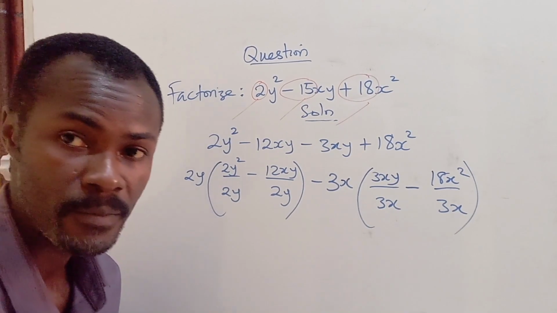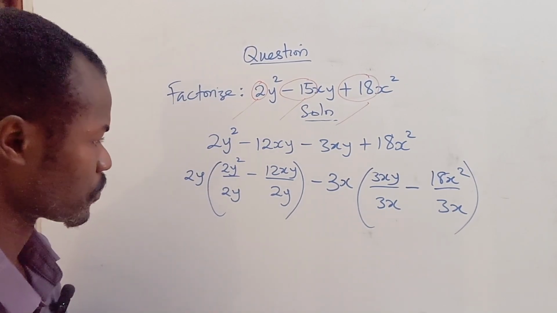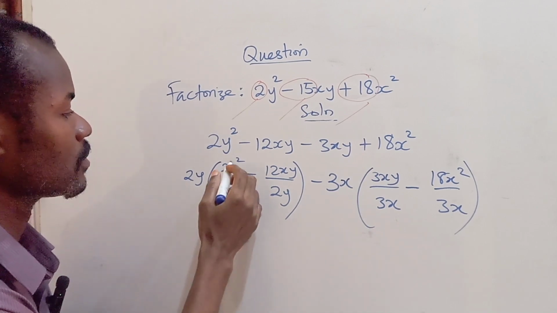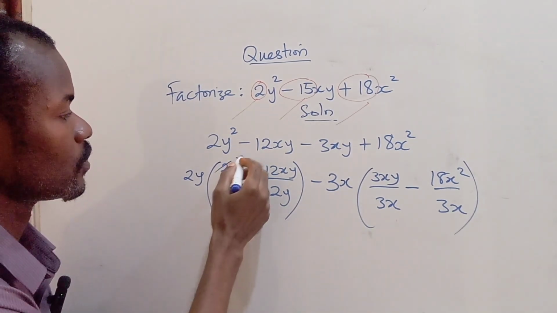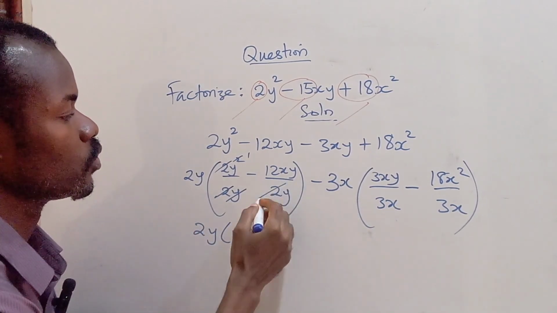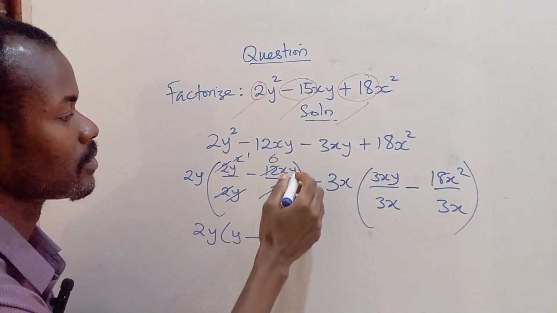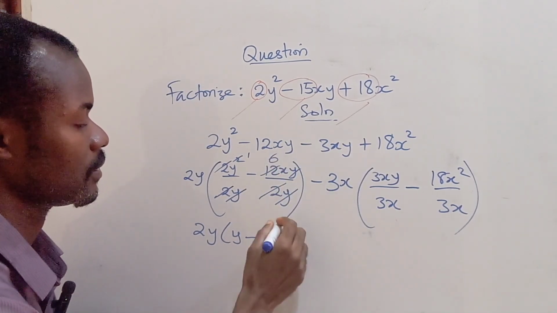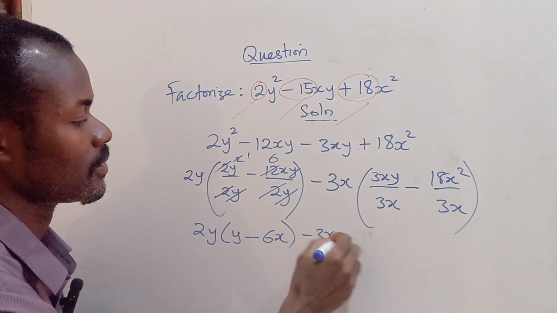So from this, let's cancel out. 2 cancels 2, y cancels one of these, so we have 2y multiplied by y minus 12 over 2, which is 6, times y cancels y, so we have 6x, so minus 6x.